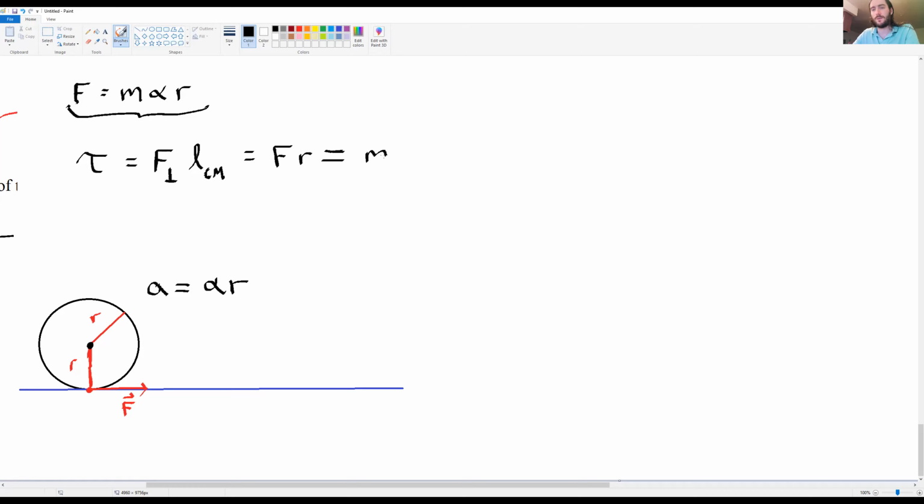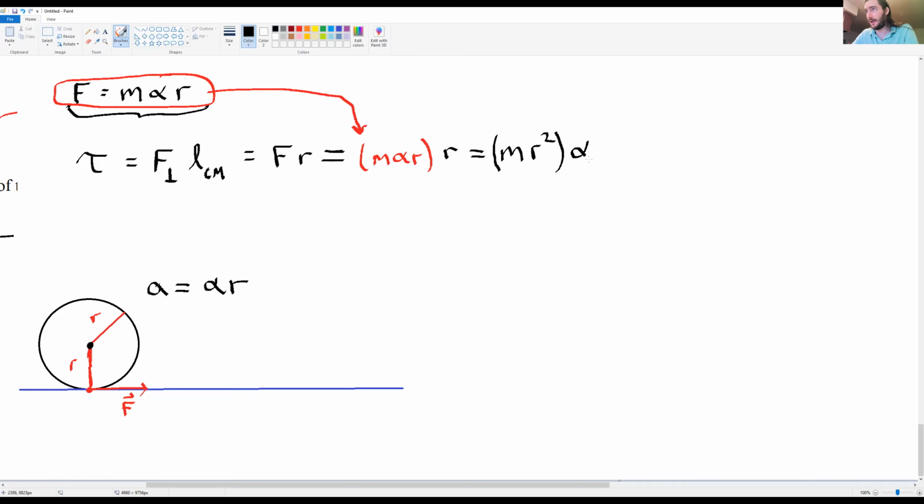And so now if we take the force that we have and substitute it into the expression here, we have that the force is m alpha r. Maybe we can color code this a little bit. We're going to take this, plug it in over here. So m alpha r times r. And what we end up with is mr squared, and I want to put this term now in parentheses, times alpha.